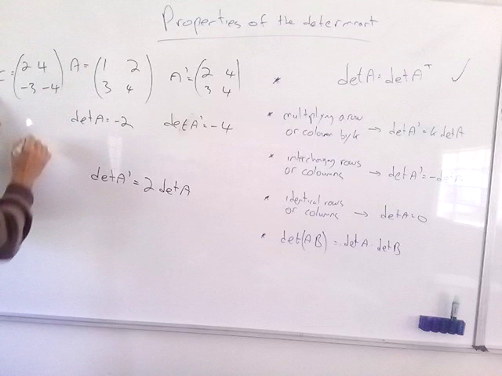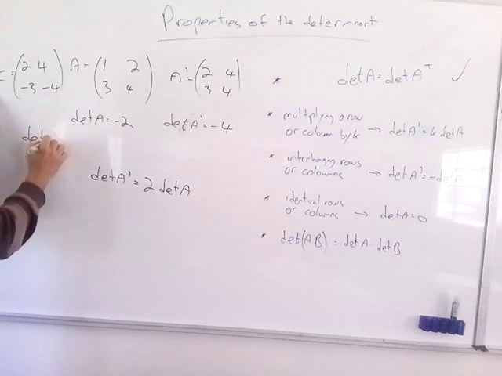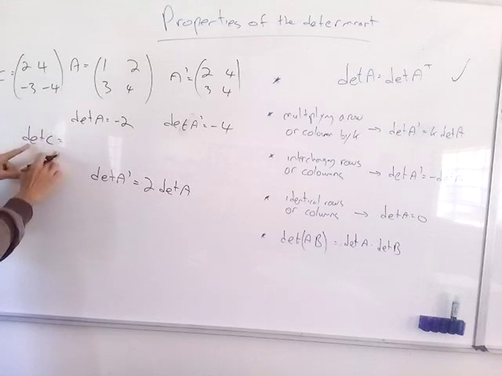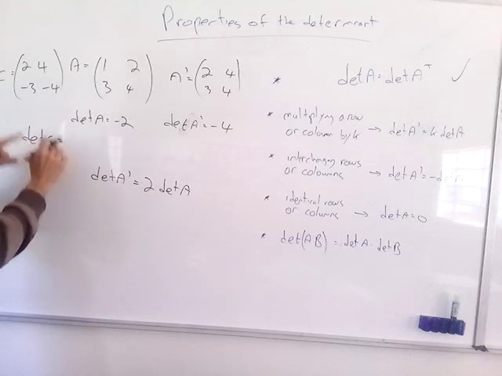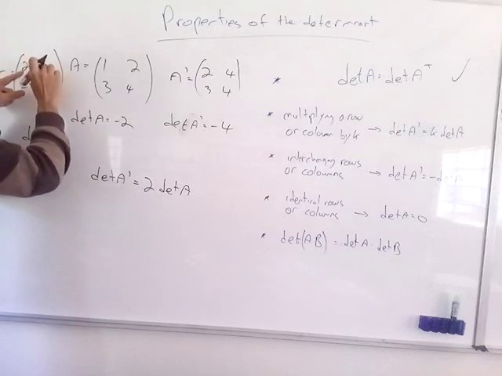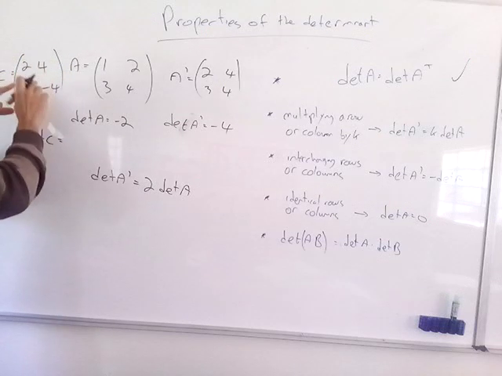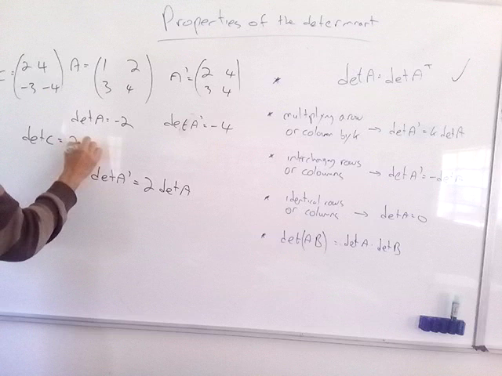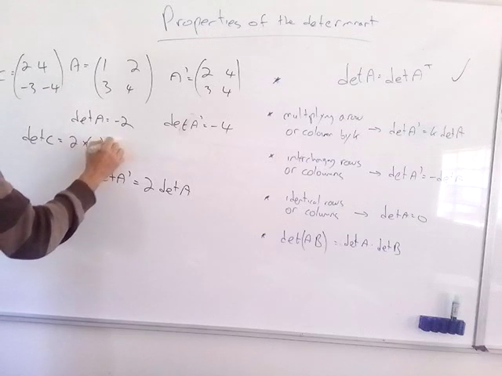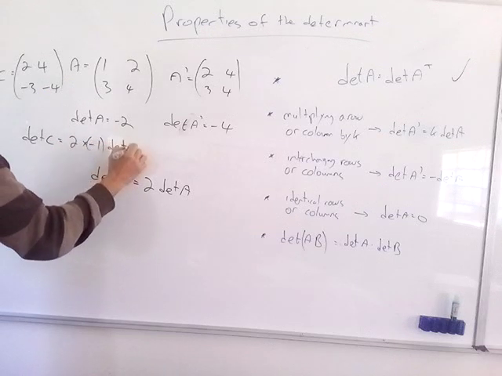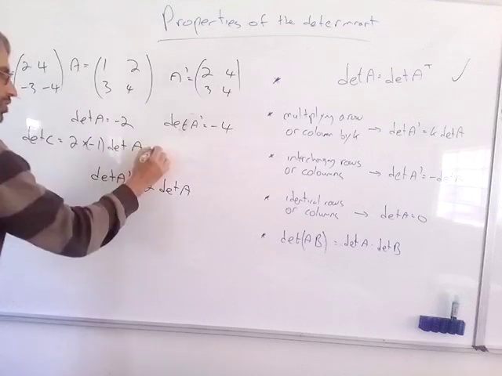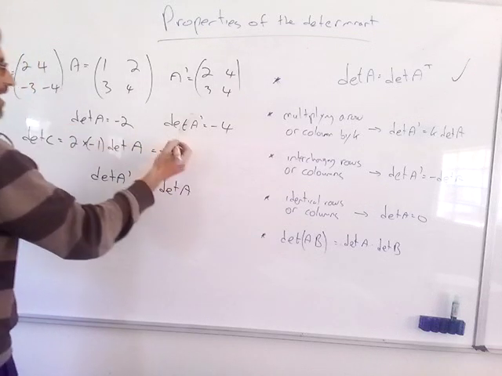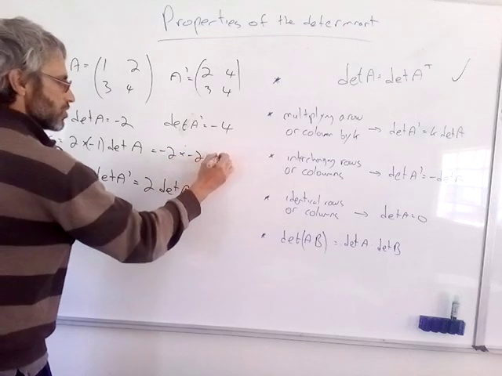So what this rule tells us is that we multiply the first row by a scalar 2 and the second row by a scalar minus 1. So it's going to be 2 times minus 1 times the determinant of A, which is minus 2 times minus 2, which is 4.